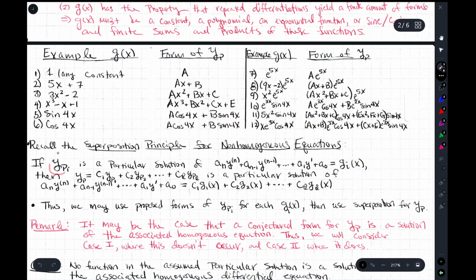And it goes like this: if ypi is a particular solution of this non-homogeneous equation with this g sub i, so this ypi is a particular solution that corresponds to this differential equation where gi is used on the right-hand side, then yp equal to c1 yp1 plus c2 yp2 plus ck ypk is a particular solution of this non-homogeneous differential equation.